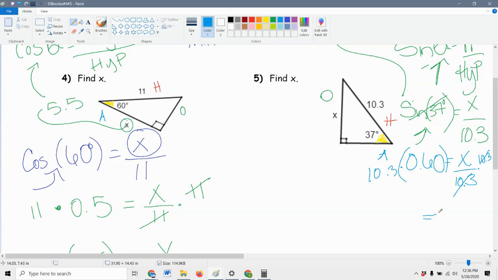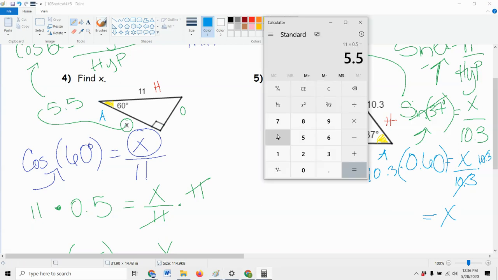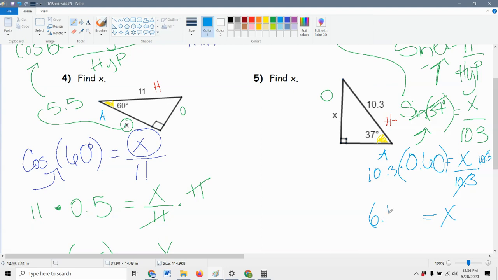And that leaves us with x equals, now we just want to multiply out that 10.3 times that 0.60. And that will give us 6.18. And that ends up being the value of the length of that side, 6.18.